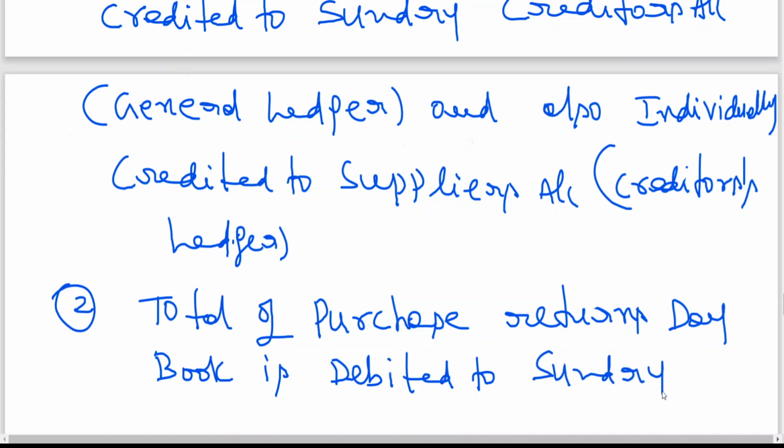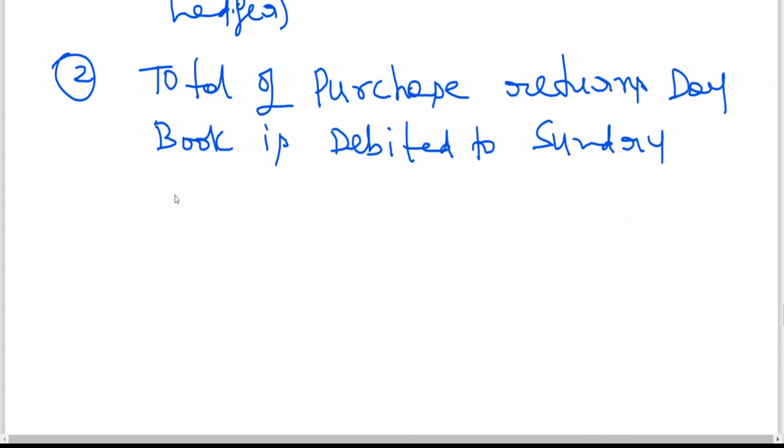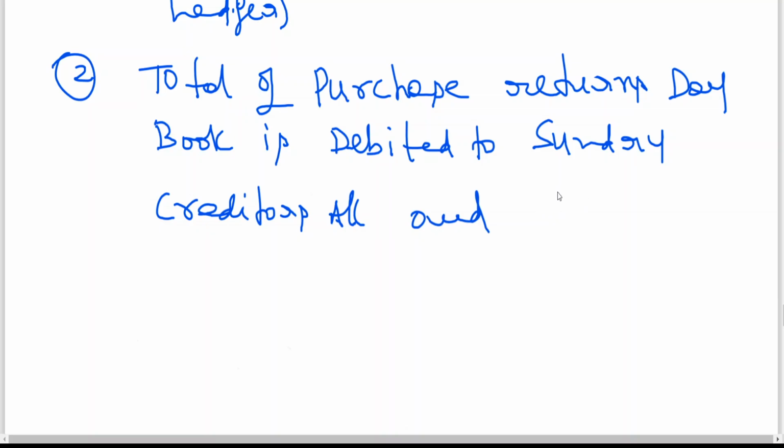Entry: creditors account to purchase returns, or suppliers to purchase returns. Debited to sundry creditors account and credited to purchase returns account.